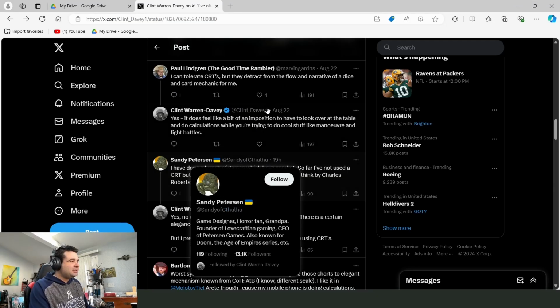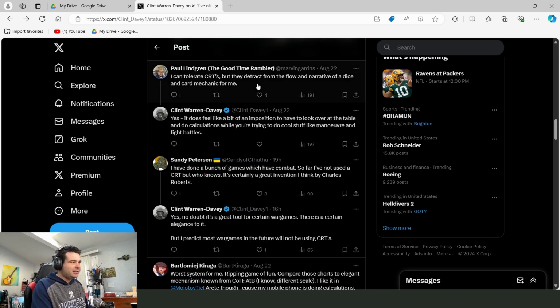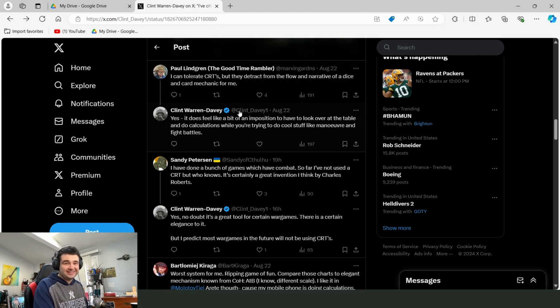Then we get into much more negative comments that the CRT itself is a problem because it detracts from the flow and narrative of a game. Now, narrative-based games also use CRTs. Dungeons and Dragons uses a CRT. They do.